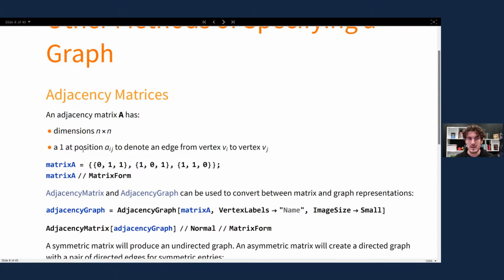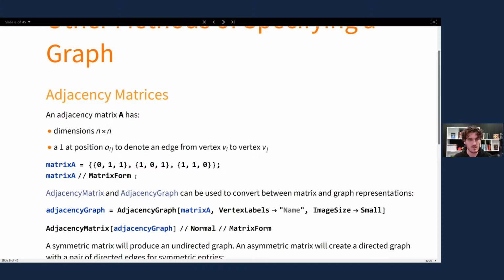Adjacency matrices have a 1 at position ij if vertex vi is connected to vertex vj, and a 0 if they're not. A bit of a boring task to do by hand. What we're going to go through here is the built-in Wolfram Language functions, which really should mean that people don't do this stuff by hand, especially as it scales up.